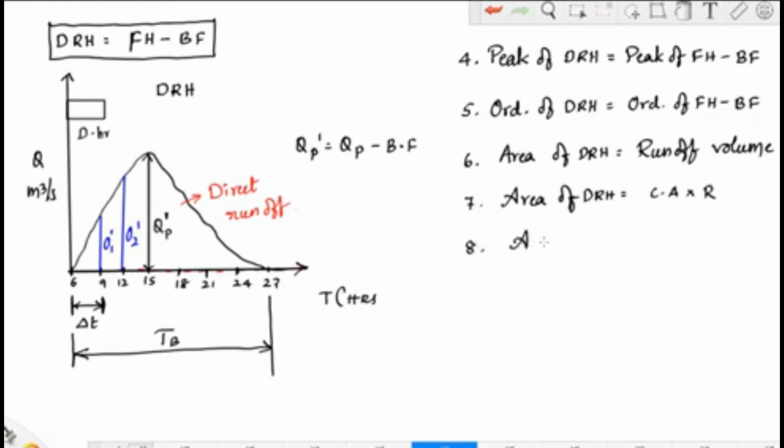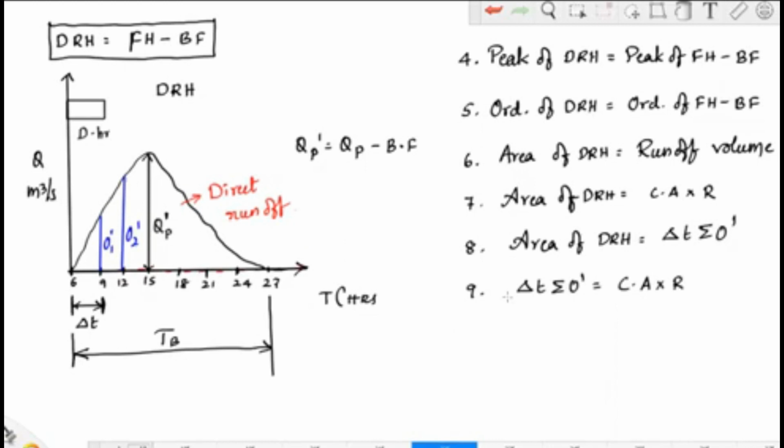Eighth point, we have proved that area of DRH is equal to delta T into summation of O dash, by dividing the complete area into small areas. Ninth point, delta T into summation of O dash is equal to catchment area into runoff depth.